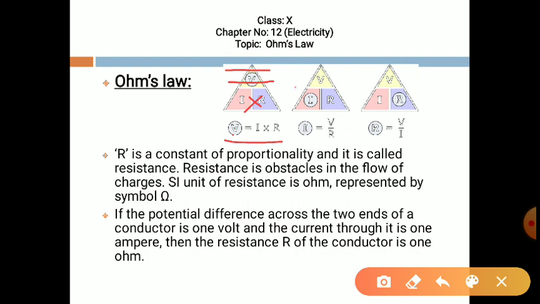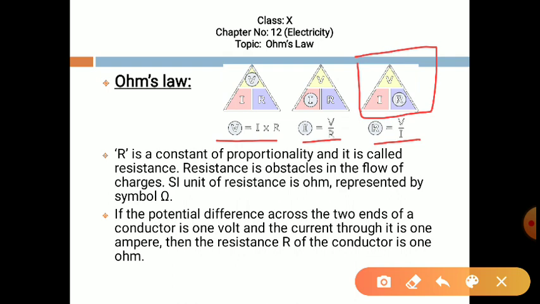And if you are supposed to find out I, then V divided by R. And if you are asked to find out the resistance of a given circuit, then it will be given by V by I. So we write in this fashion: this triangle, where V is in the upper part, I and R in the lower part, left and right. V is equal to IR, I is equal to V by R, R is equal to V by I.